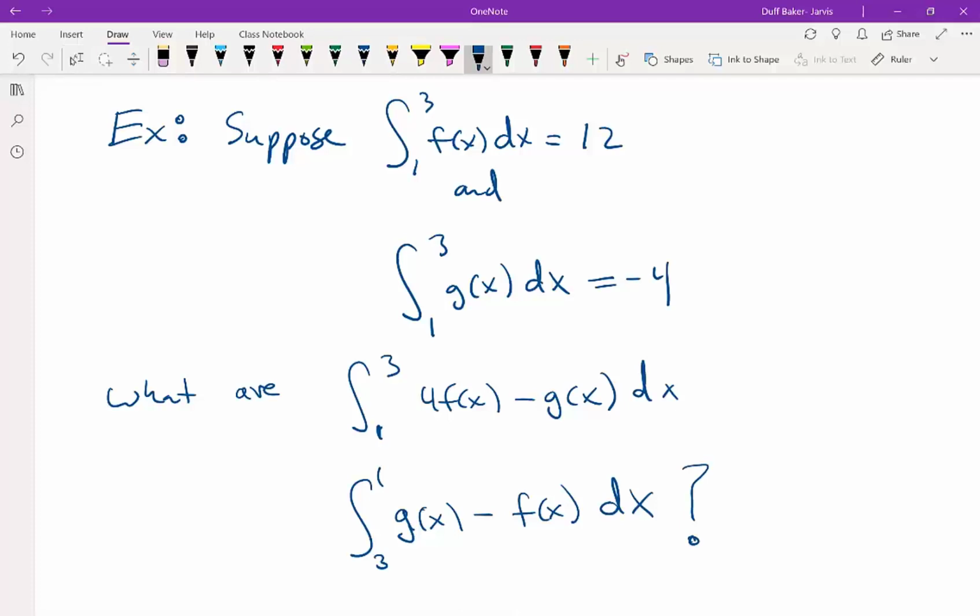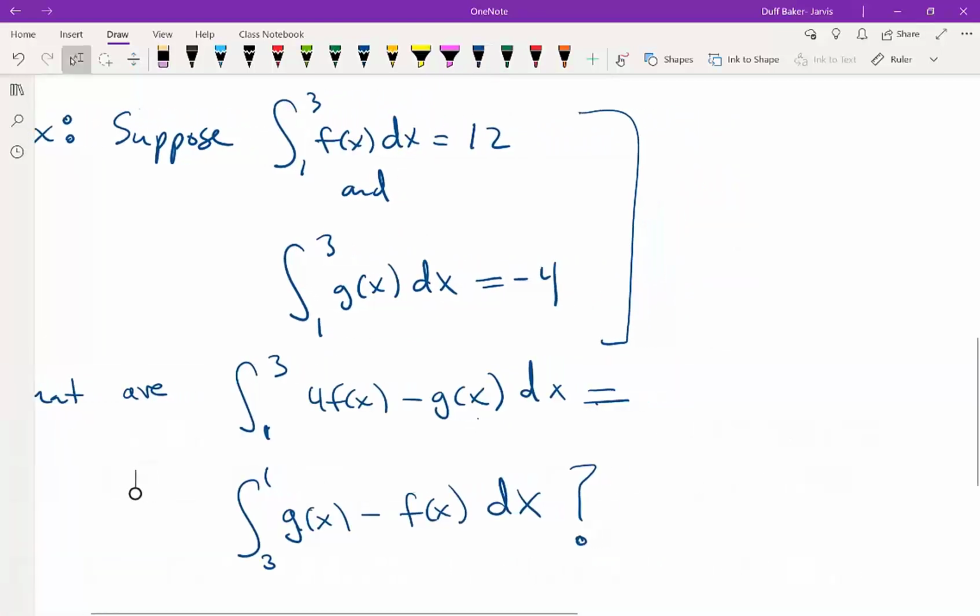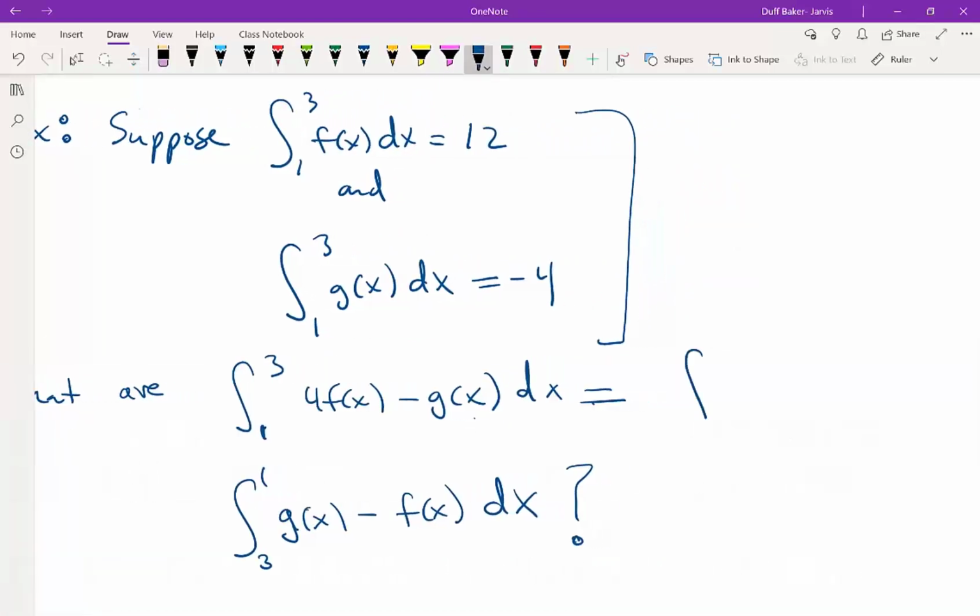So we're given information about two areas here, and we're asked about two other areas that are combinations of our g and f, right? Okay, so the basic idea here is, if we look at this first one, well, there was a rule that says we can split this into two integrals, and you always keep the bounds the same when you do that.